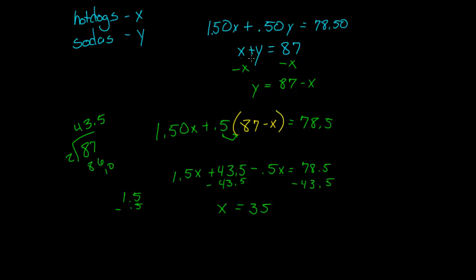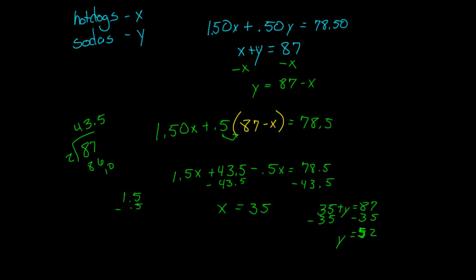We can do it on either one, but this one will be very easy. 35 plus y is 87. Subtract 35 from both sides, and y equals 52.